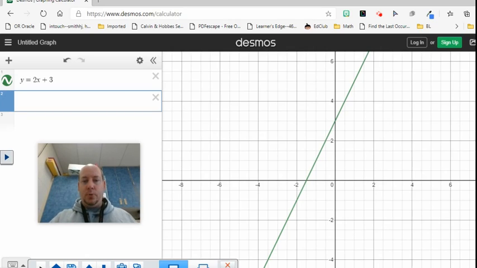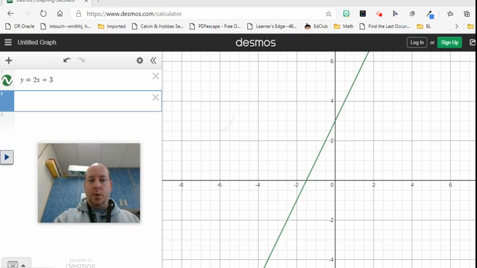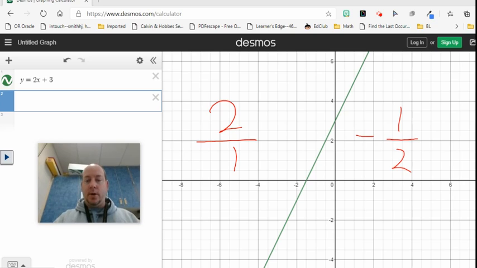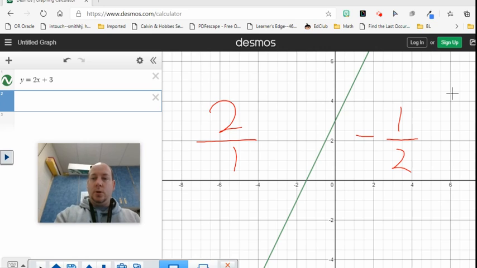My slope is 2, okay? I write that as a fraction. So I'm going to do the opposite reciprocal. So I'm going to make it negative, and instead of 2 rise, 1 run, I want it reversed there. So 1 rise, 2 run. And we'll look and see what that does. There we go.